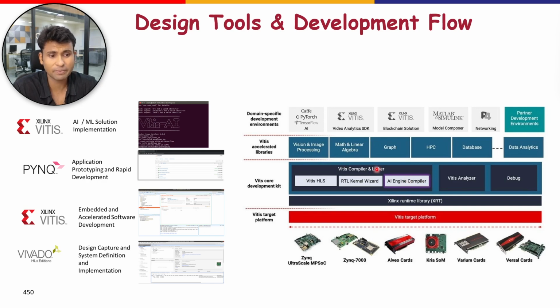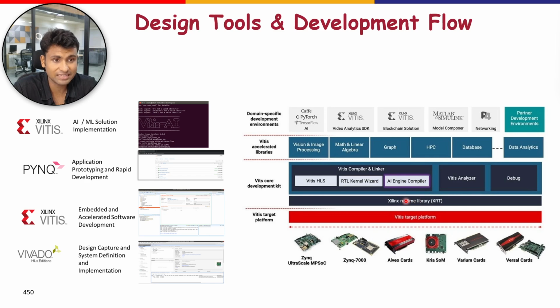The Vitis compiler and linker is a key component that compiles and links hardware and software elements into a single cohesive application. Then we have the Vitis analyzer tool to analyze the performance and help in debugging and visualizing the bottlenecks.